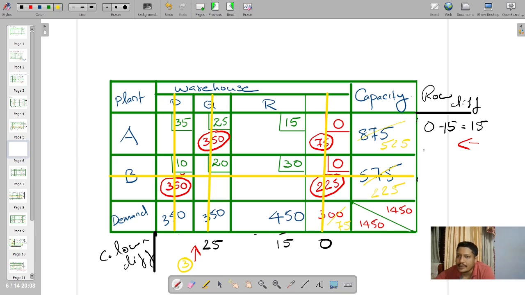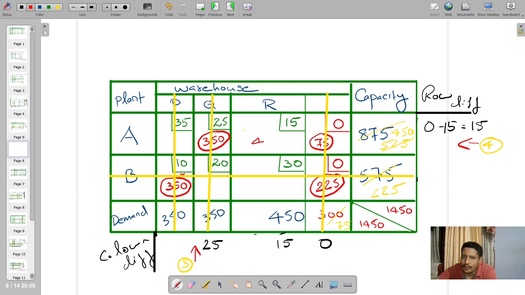So that was your entry number 4. The balance here, 525 minus 75, will come as 450. You can see over here only one is left out, 15. So that 450 you can assign over here.